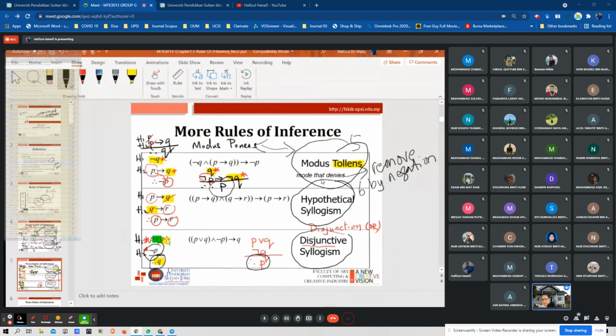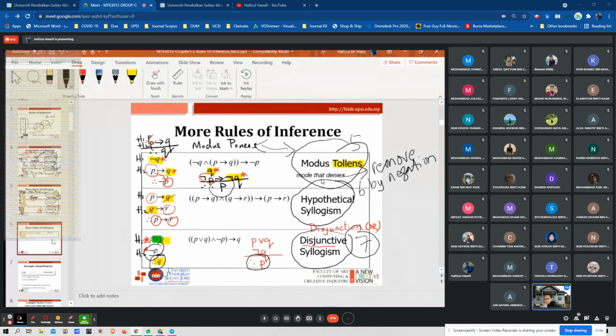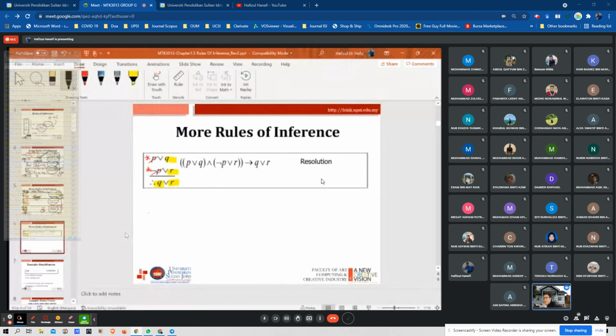This is the seventh. Okay, then we have number 8, we have a resolution. For the resolution, it takes two premises in the clauses.